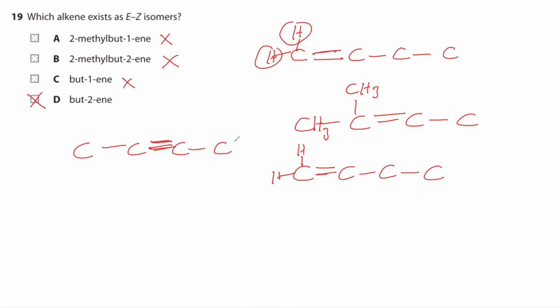There's a double bond here, so this is a CH3 group, this is a CH3 group, and the other bond for each of these carbons is hydrogen. On the right side there are two different groups. On my left hand side, there are two different groups. Yes, it can show EZ or cis-trans isomerism. So my answer for question number 19 is D.